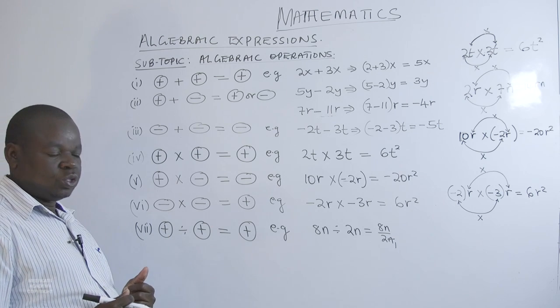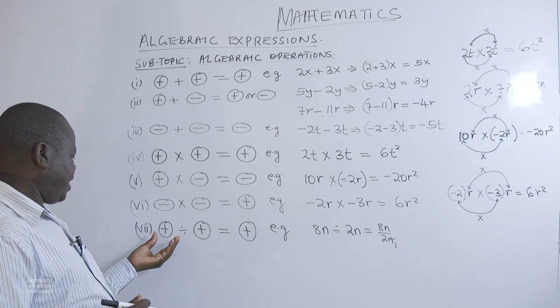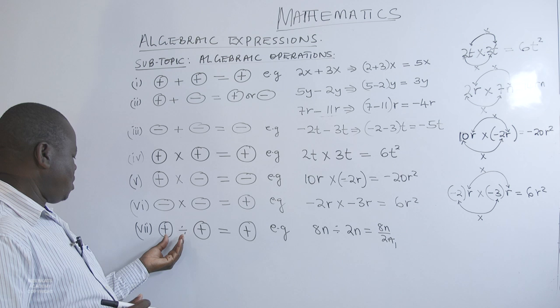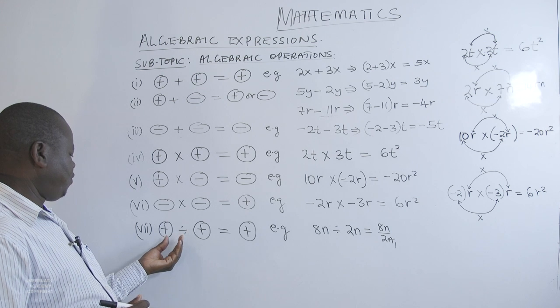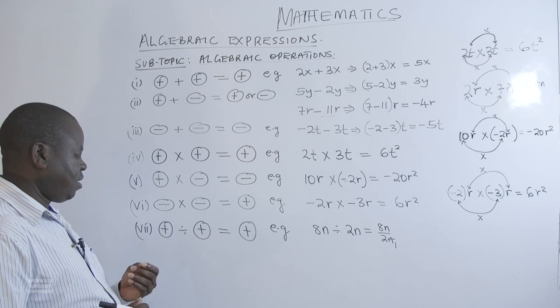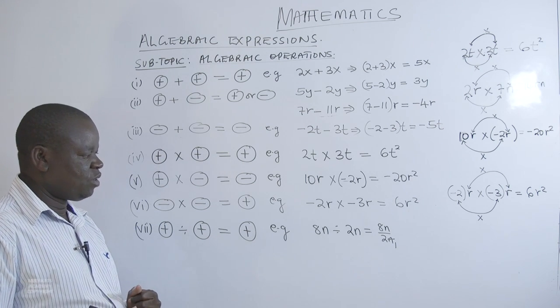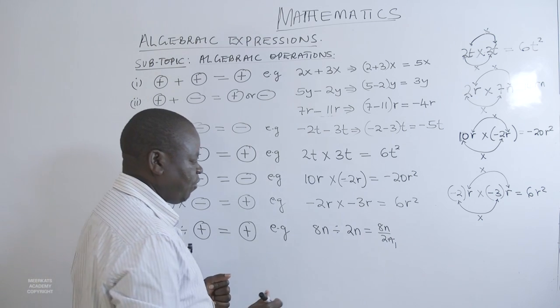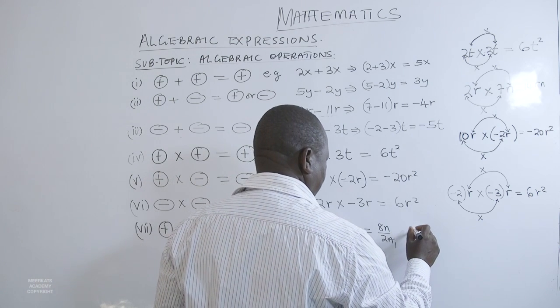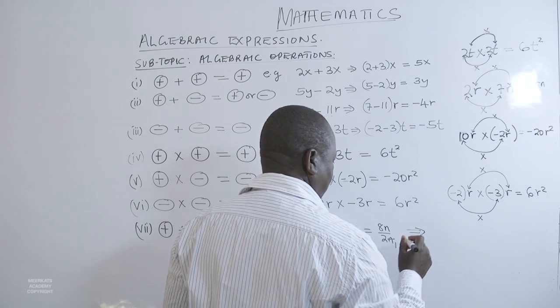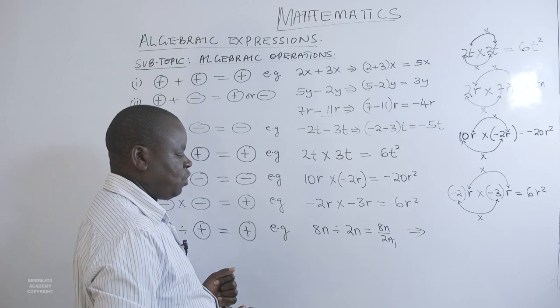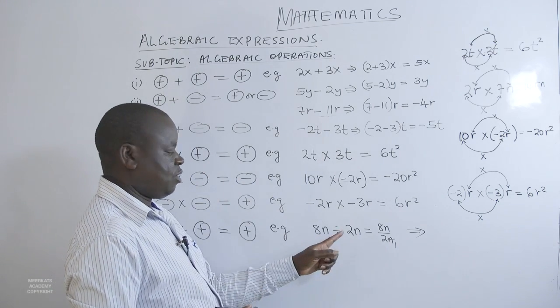When we come to division, we have positive divided by positive. The result is positive. And from the example we have given, we have 8n divided by 2n.